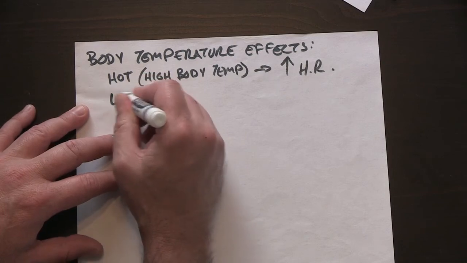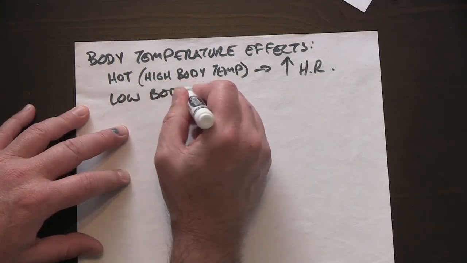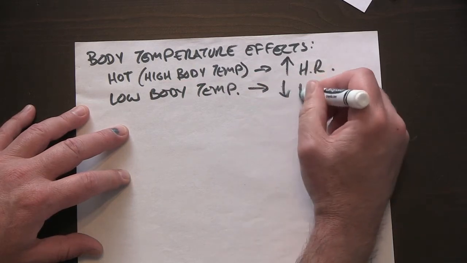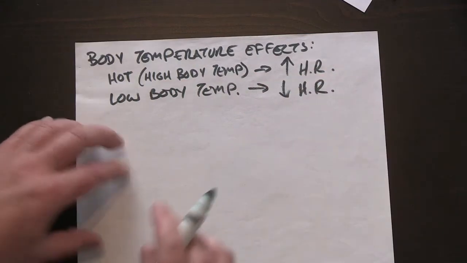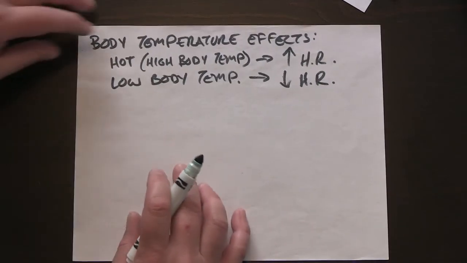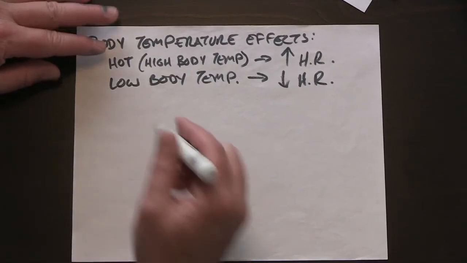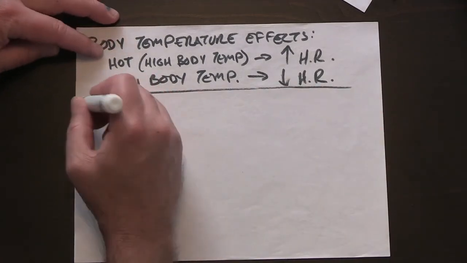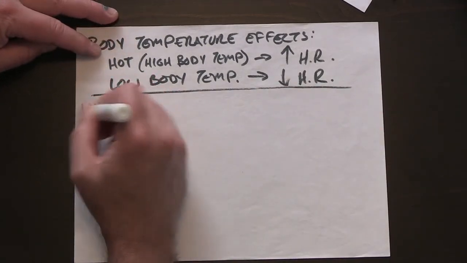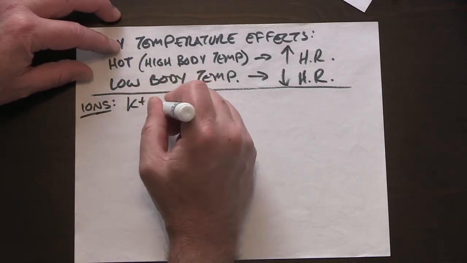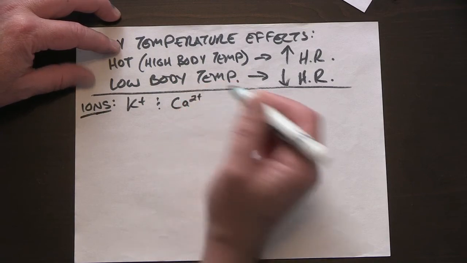And if you have a low body temperature, that's going to decrease your heart rate. And I'm pretty sure we talked about hypo and hypercalcemia, but there are some effects that ions will have, in particular potassium and calcium.